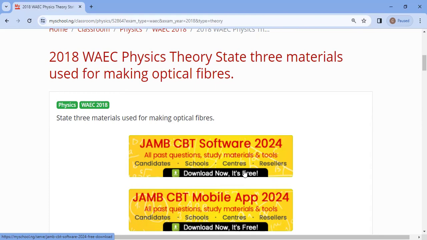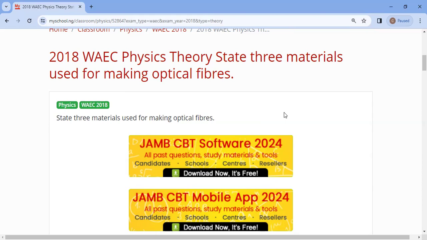Those pipes are not water pipes, they are actually optical fibers. They are telecom companies laying optical fibers used in telecommunication.